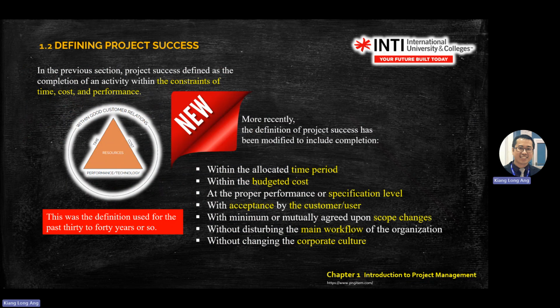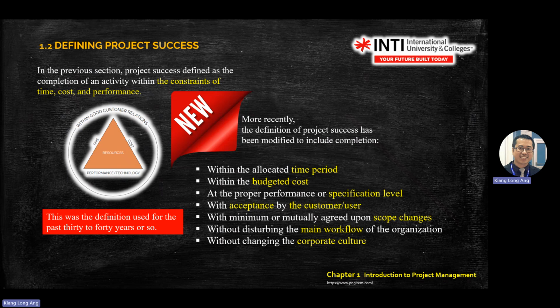But nowadays, we look at time and cost, which will remain, and performance at a very specific level. Maybe 30 years ago, they only looked at the outside appearance: you wear a good suit, it means you are providing good services. But nowadays, there is a certain calculation for performance, right? Then it includes the customer.